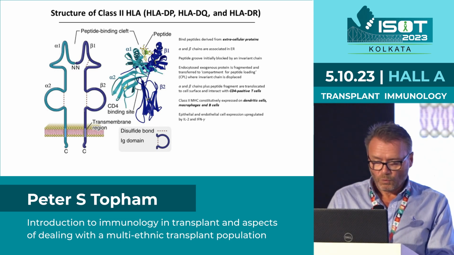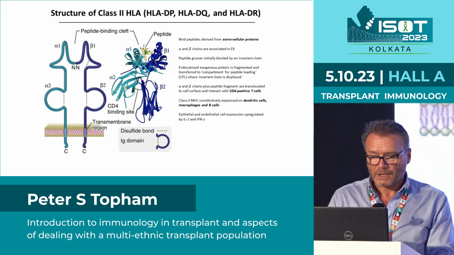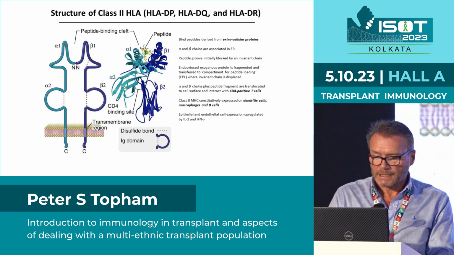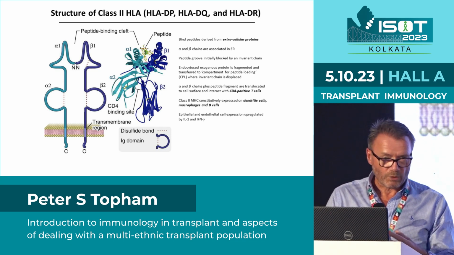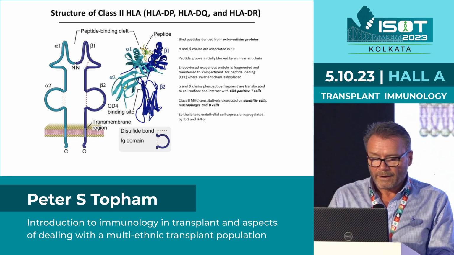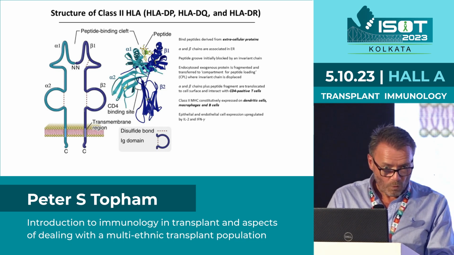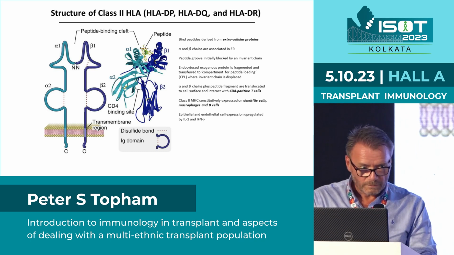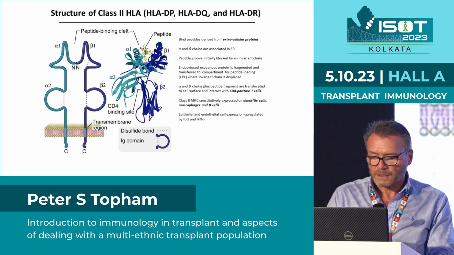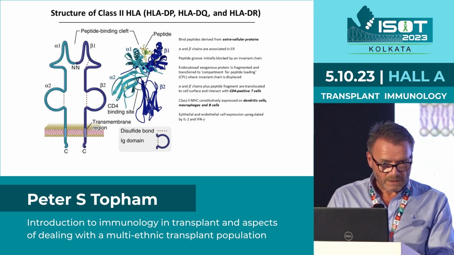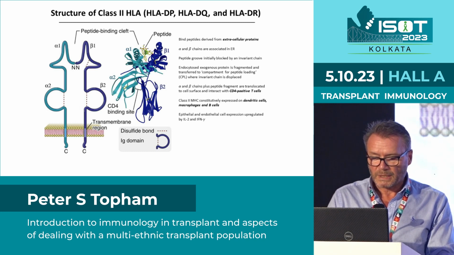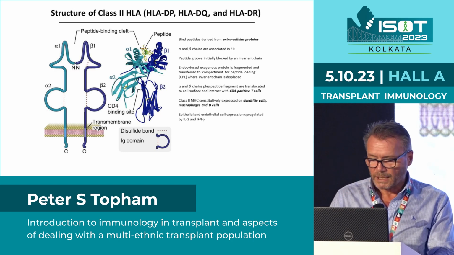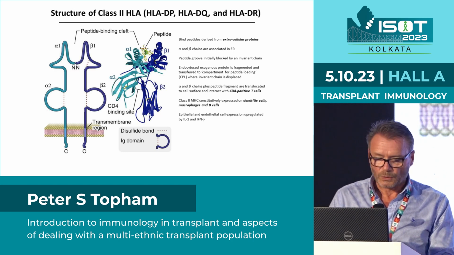So in contrast to class 1, class 2 binds peptides derived from extracellular proteins, and the alpha and beta chains are associated in the endoplasmic reticulum and then expressed on the cell surface, where it interacts specifically with CD4 positive T cells. Now, class 2 is more confined in terms of its expression. It is constitutively expressed on dendritic cells, macrophages, and B cells, but on epithelial and endothelial cells, its expression is upregulated by cytokines, particularly IL-2 and gamma interferon.